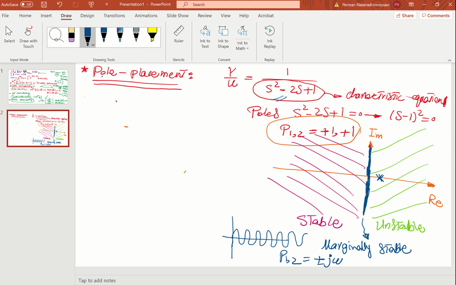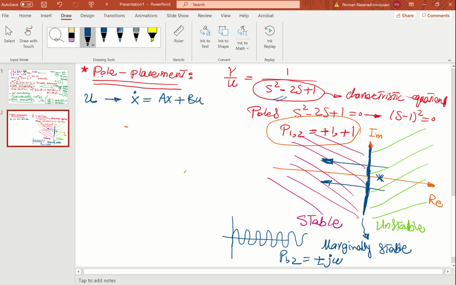You have to design a controller U for this LTI system, X dot equals AX plus BU, to move this pole to the left hand side. Understand? That's why we name it pole placement. Okay. So we have conditions for pole placement, or designing a controller for these LTI systems.